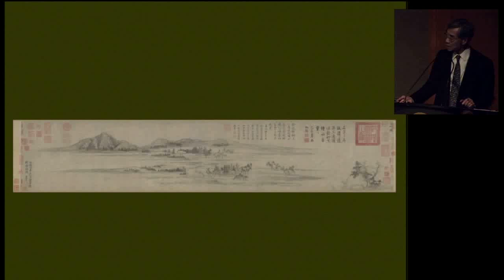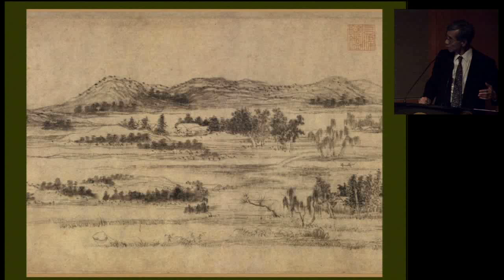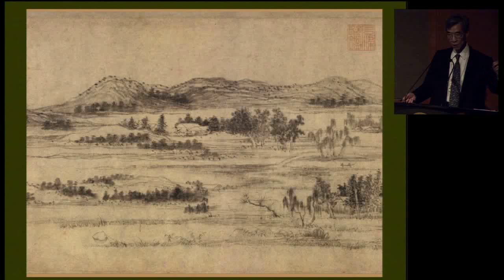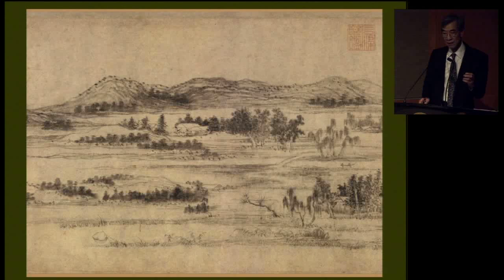The emphasis here is not on any kind of realistic representation of the actual landscape, but more on the elegant brush work. And this is how Chinese paintings have been looked at ever since.